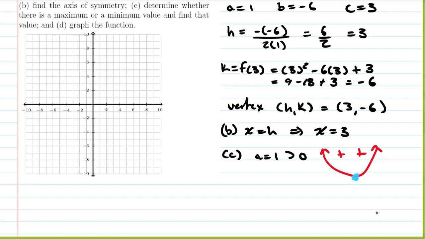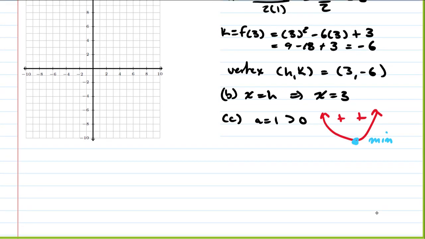So our graph is going to have a min, and the min is always at the vertex, so it's going to be f of 3 equals -6. So that's the min value, and the min value is at x equals 3. So our minimum value occurs when x equals 3. The minimum value is the output, which is -6.